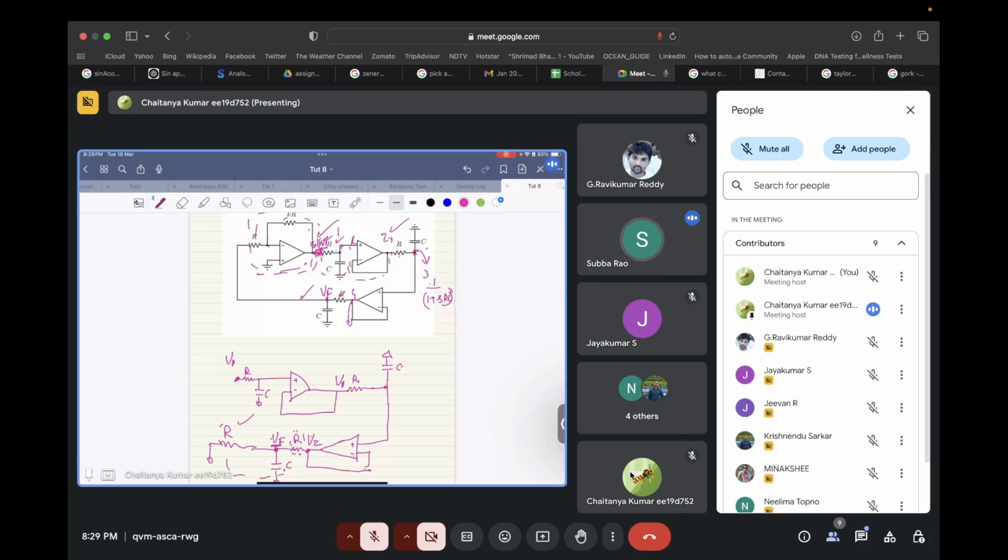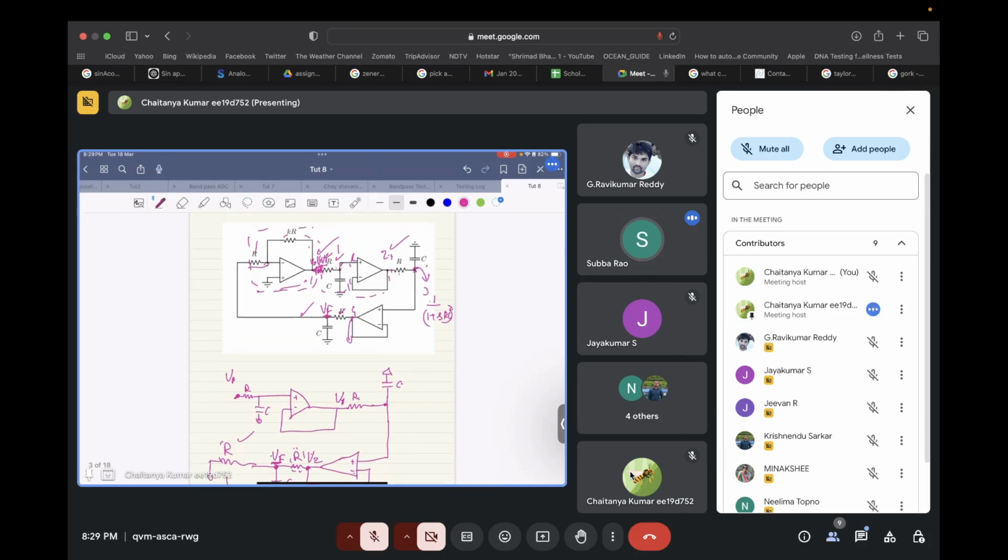However, this VF node is being loaded by the input resistance of the inverting amplifier. In the other two filtering stages, there was no load in parallel with the capacitor.